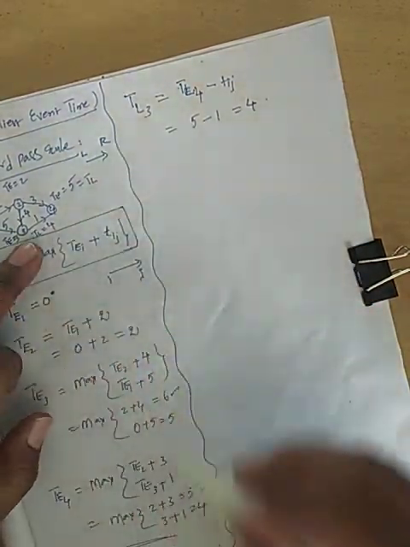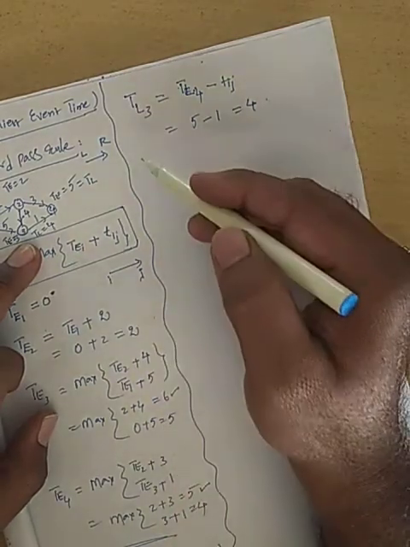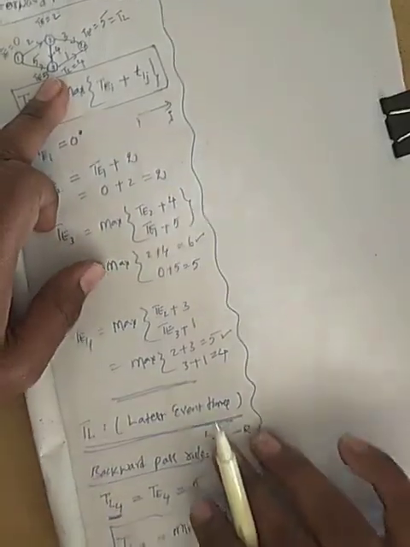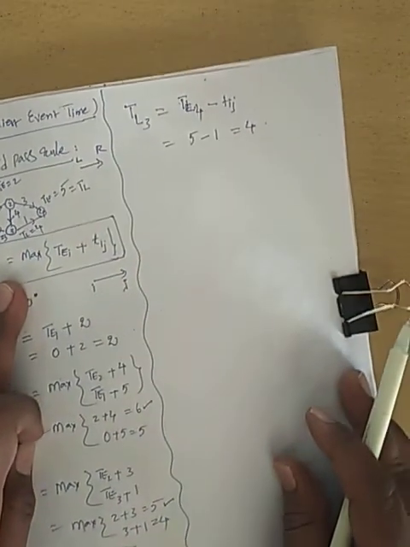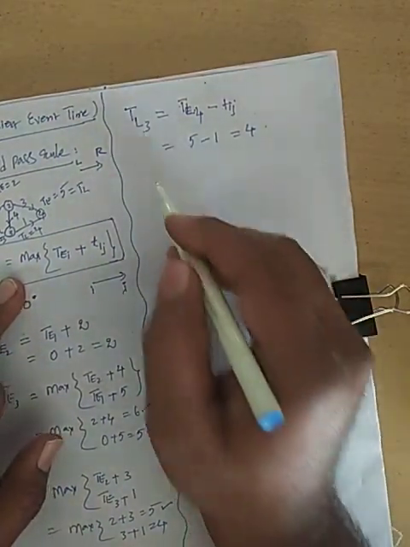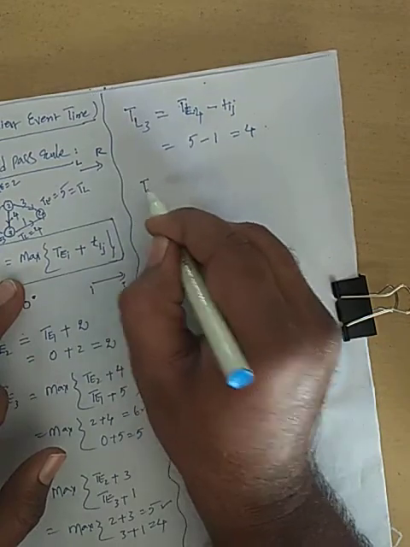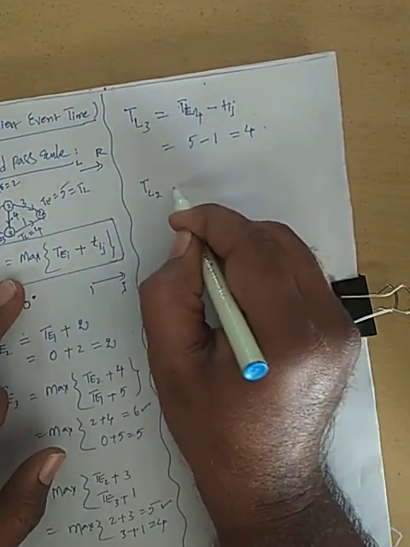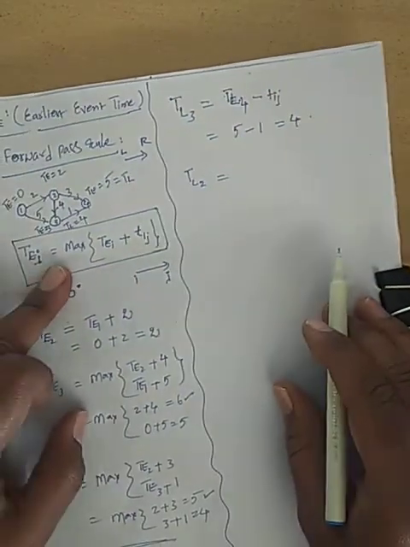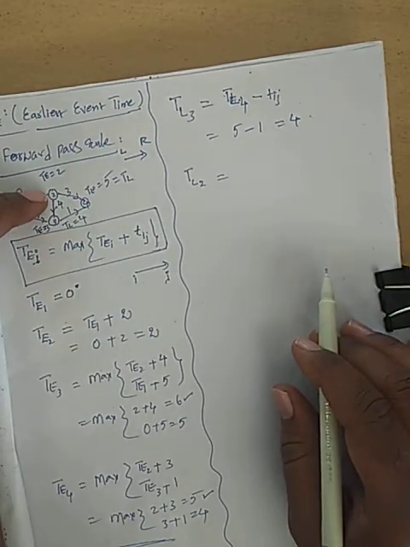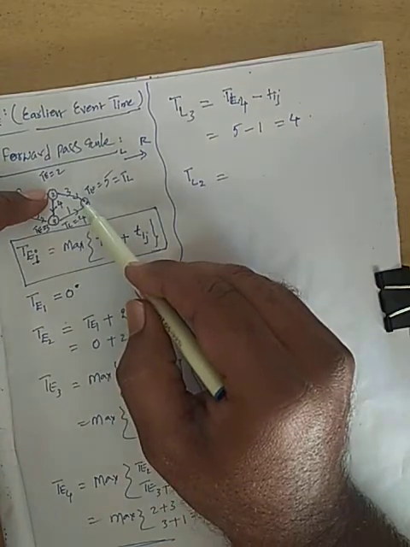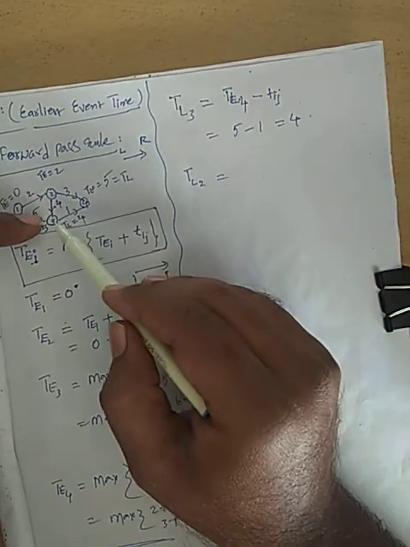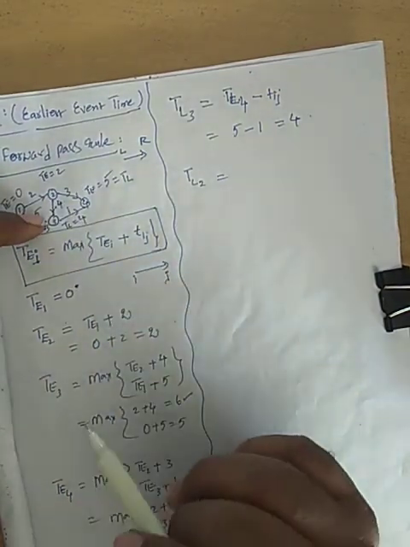Now 3 is over. First we calculated 4, next we calculated 3. Now what is the next in the reverse order? TL2 is equal to. Now see the network. To reach 2 in the reverse order, along the arrow direction, from 4 to 2 you can reach, from 3 to 2 you can reach.